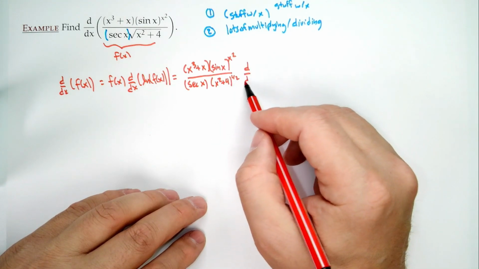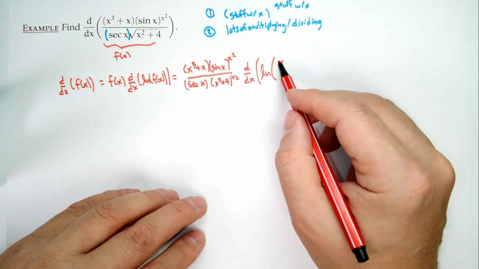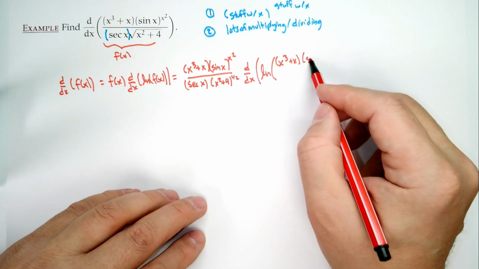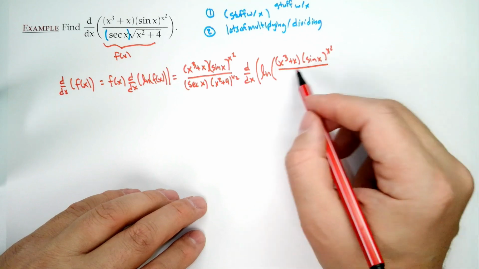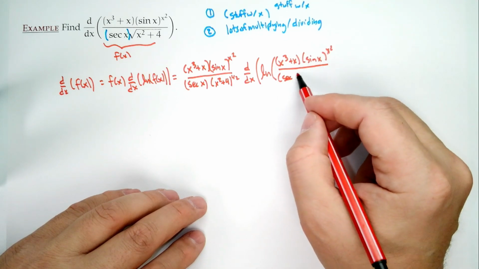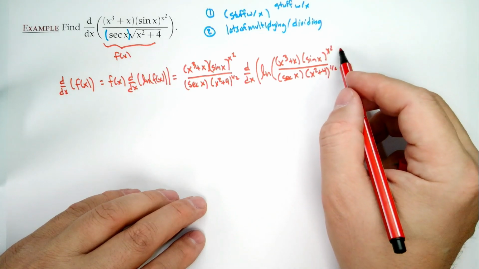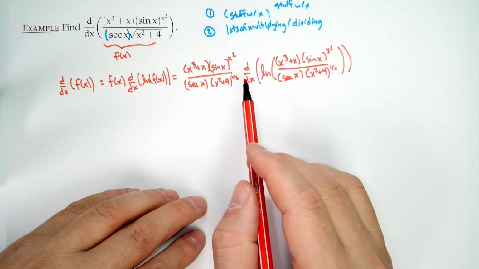There's our f of x, and we times it by the derivative of the natural log of all of this stuff. So that's essentially step 1.